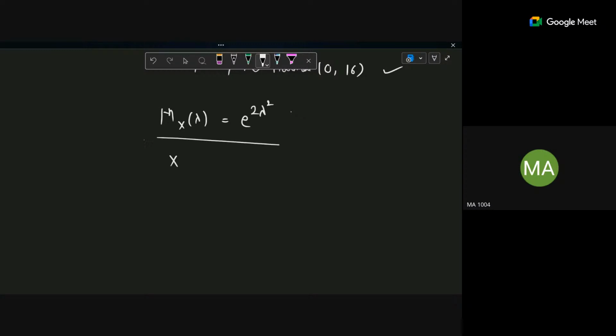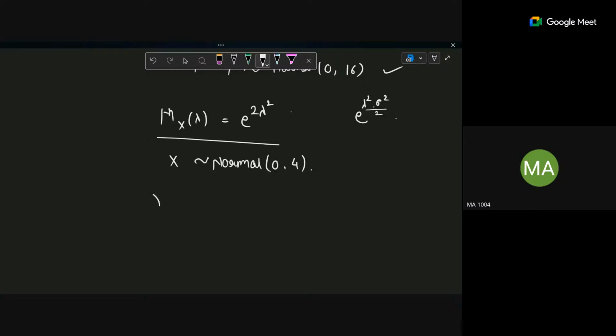x is following a normal distribution. How did I know? Because the MGF is similar to e to the power lambda square sigma square by 2. So here sigma square by 2 is 2, which implies sigma square is 4.